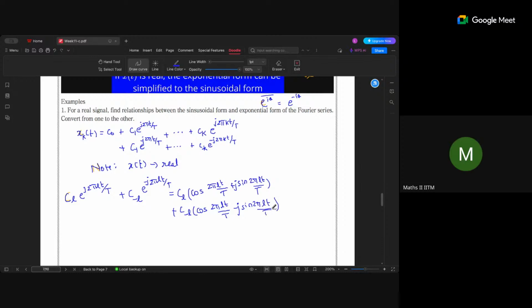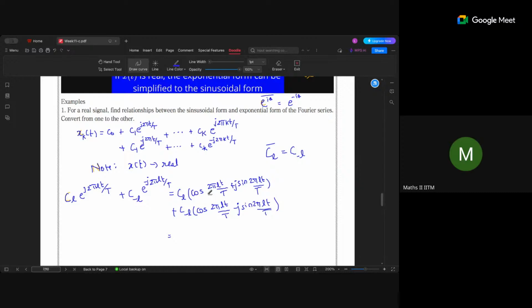Okay, now let's see how to use the relation we have obtained. What is the relation we have obtained? c_l bar is the same as c_{-l}. So how can we use this?